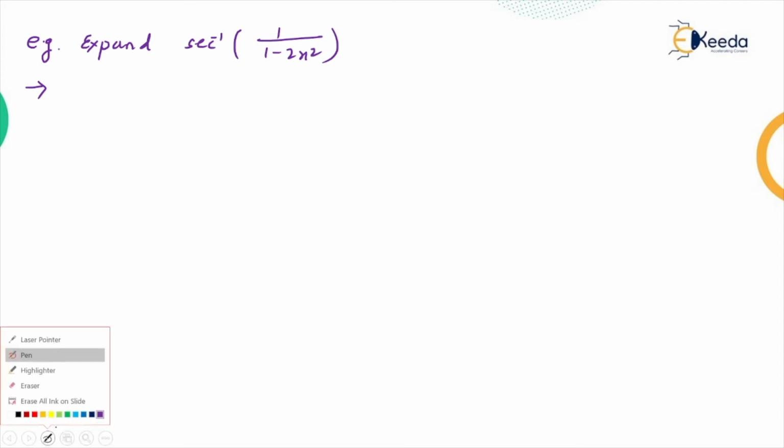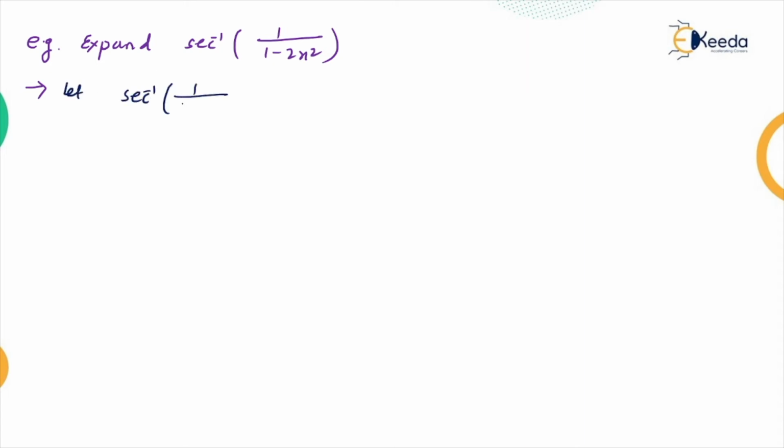That is very easy. First of all, let the given function, sec inverse of 1 upon 1 minus 2x square, be written here.